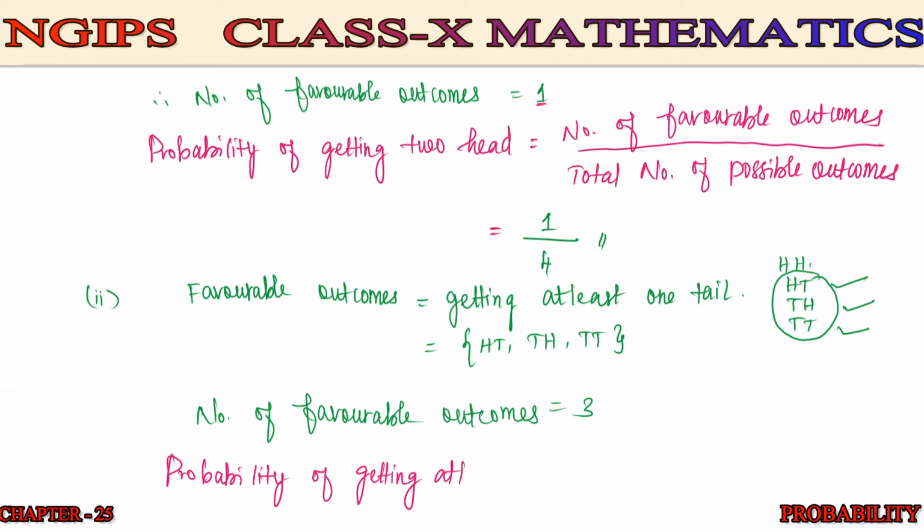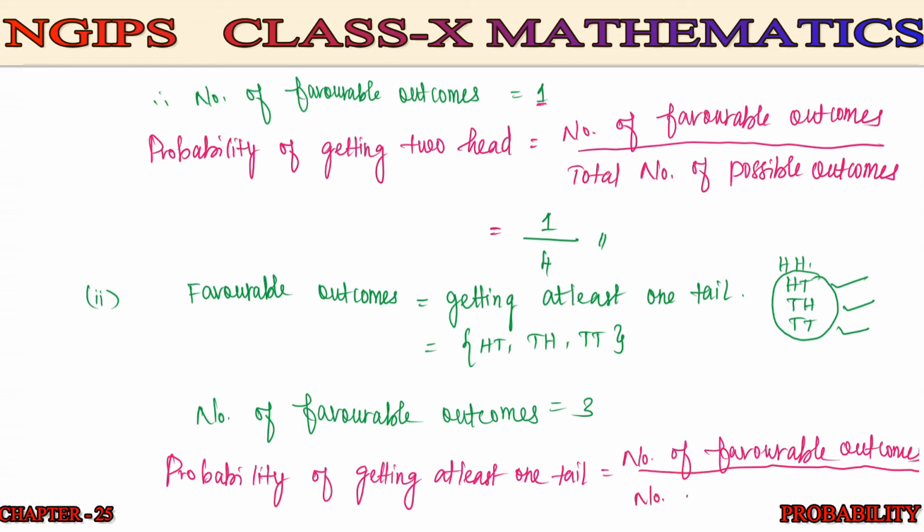At least one tail is equal to number of favorable outcomes divided by total number of possible outcomes.